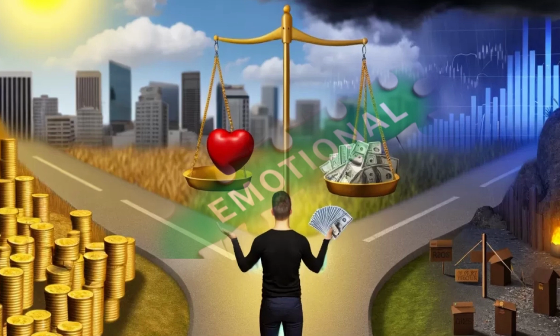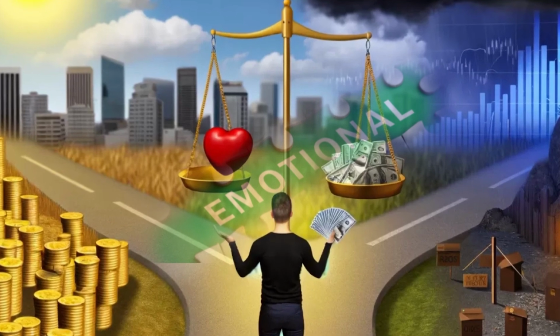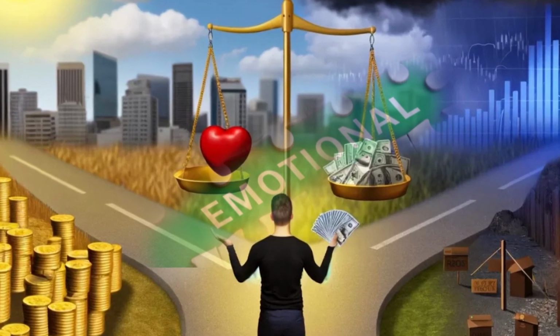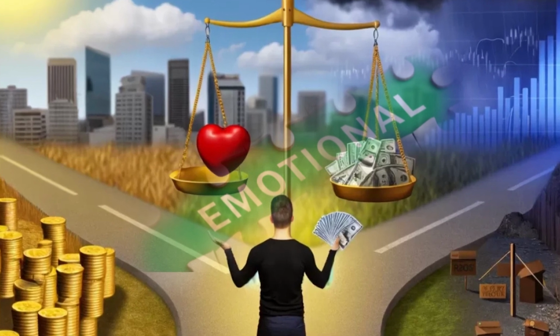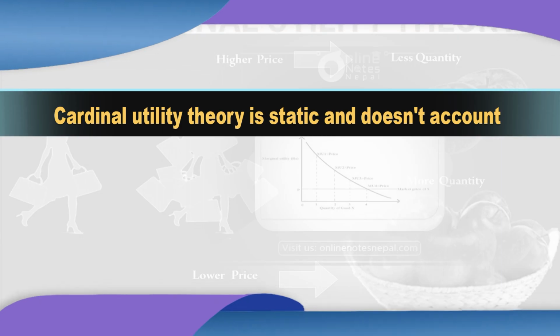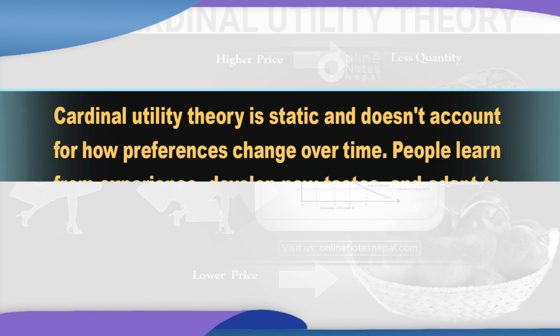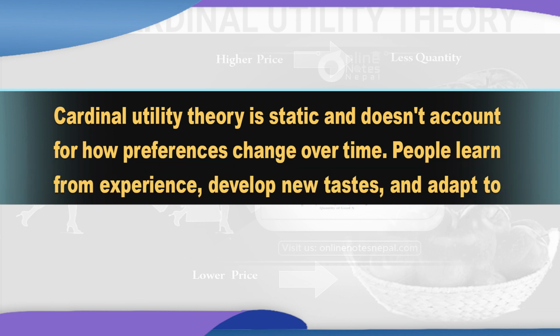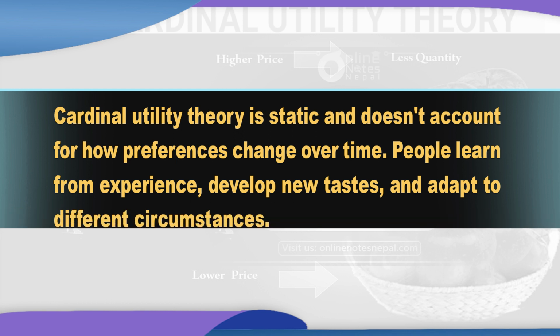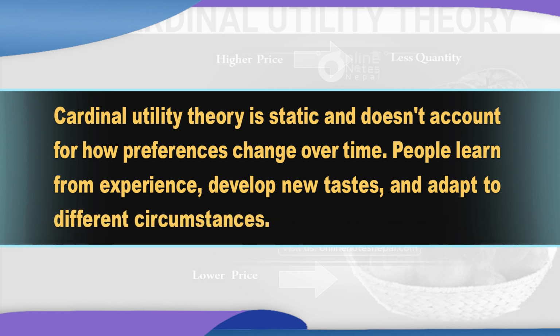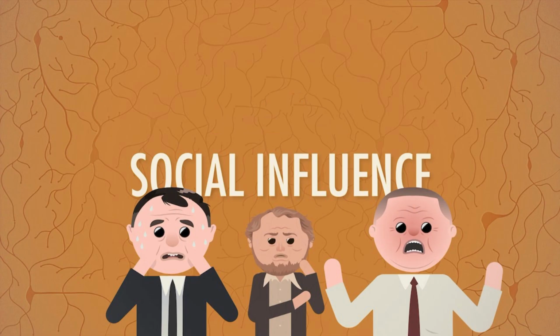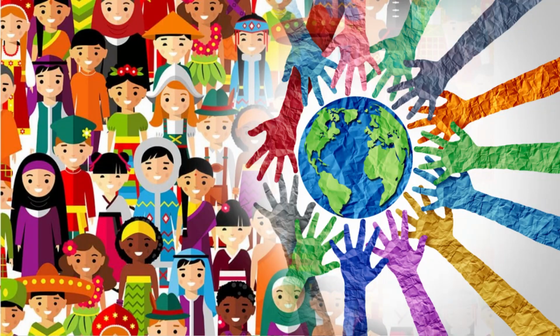In reality, people often make emotional decisions, have limited information and use mental shortcuts rather than detailed calculations. Further, cardinal utility theory is static and doesn't account for how preferences change over time. People learn from experience, develop new tastes and adapt to different circumstances. The theory also ignores social influences, advertising effects and cultural factors that shape consumer behavior.